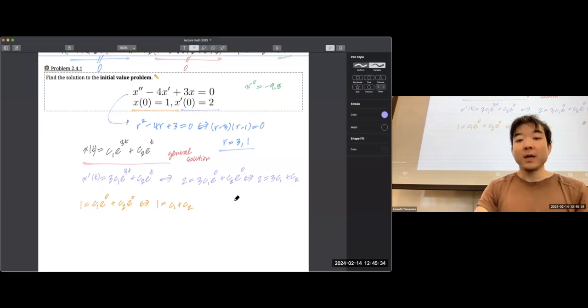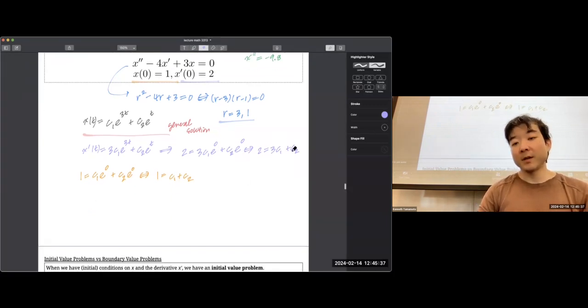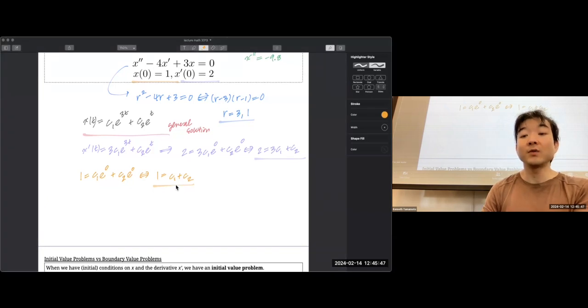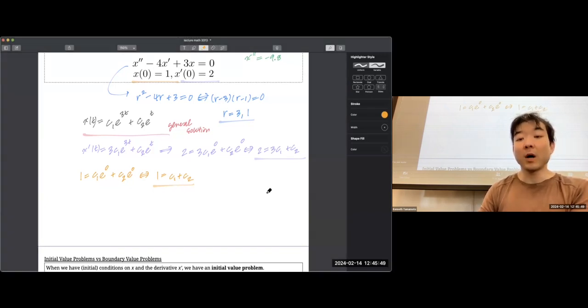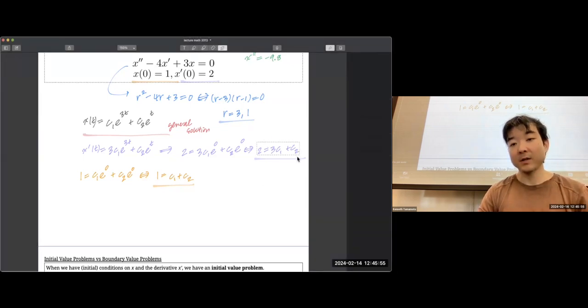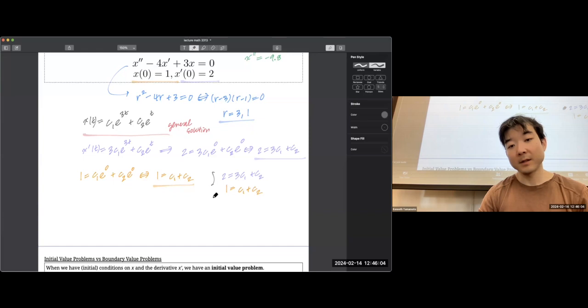You can solve this equation simultaneously with this equation. They're just algebraic equations, not differential equations. Their unknowns are C1 and C2. You have two equations, so I'll just do elimination.